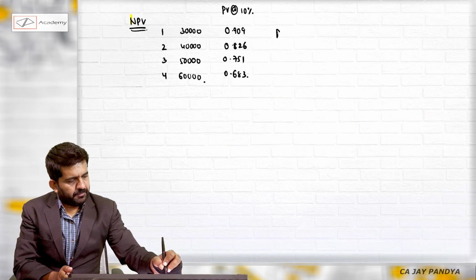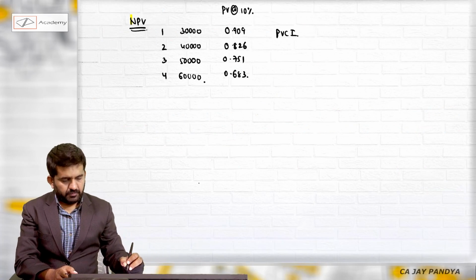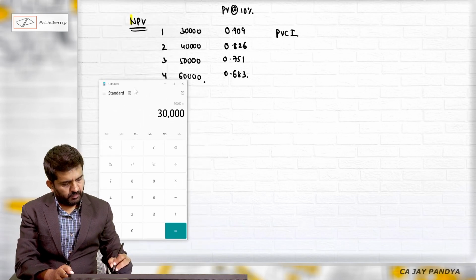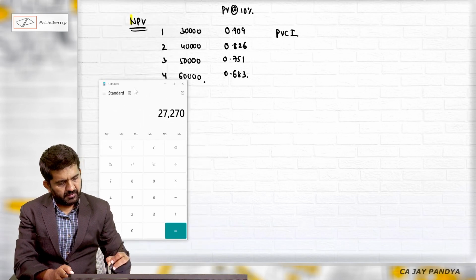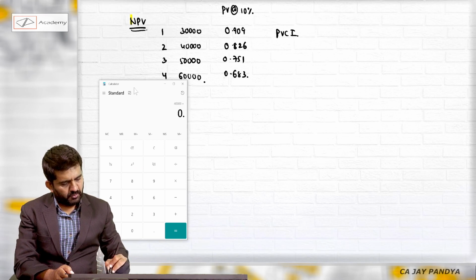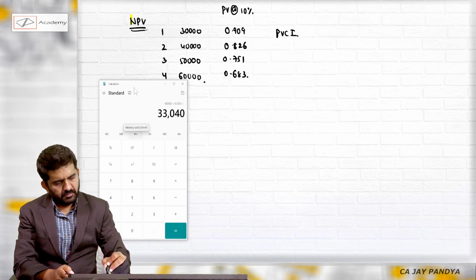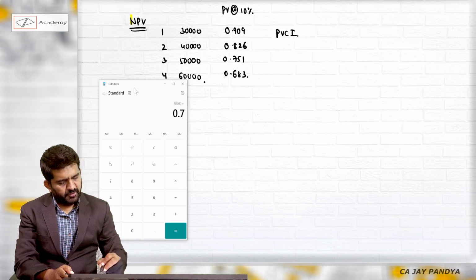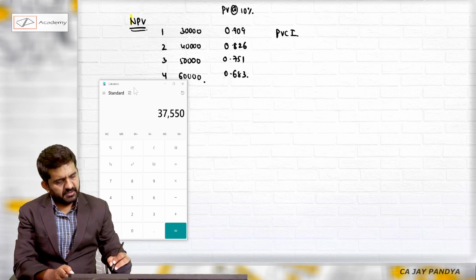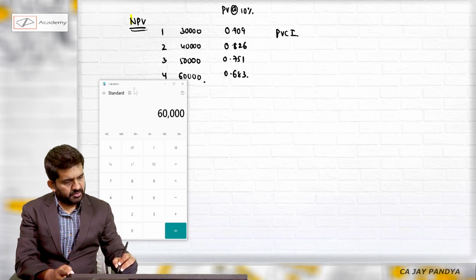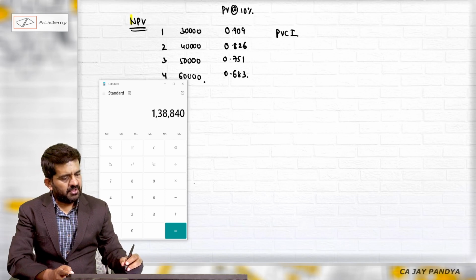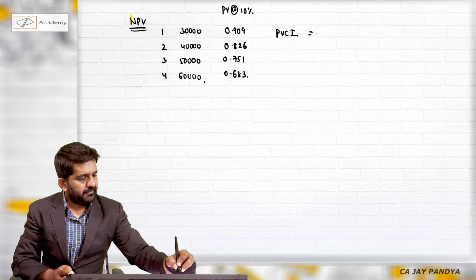I need to find out present value of cash inflow. 30,000 into 0.909 plus 40,000 into 0.826 plus 50,000 into 0.751 plus 60,000 into 0.683 is 1,38,840.